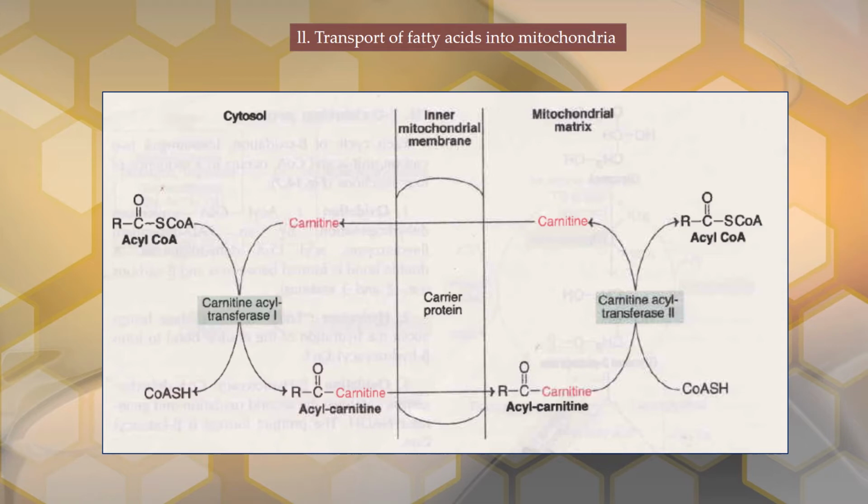Once this acyl carnitine is transported through the membrane, it will be available in mitochondria. In mitochondria, the second enzyme called carnitine acyl transferase 2 will detach the carnitine from acyl carnitine and gives you the acyl coenzyme A, which is the activated form of fatty acid.